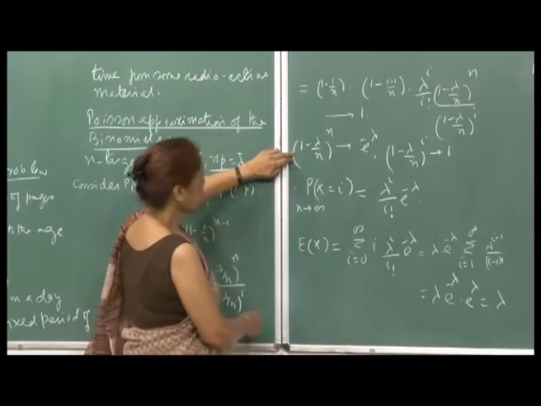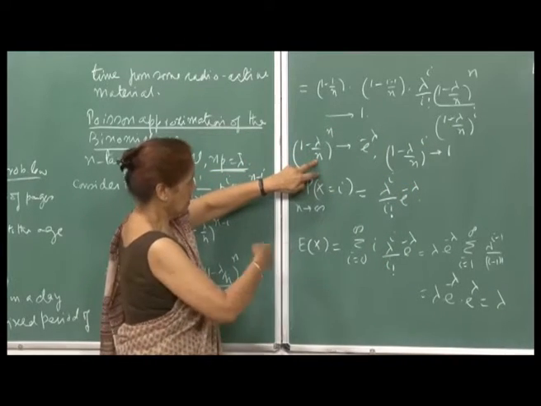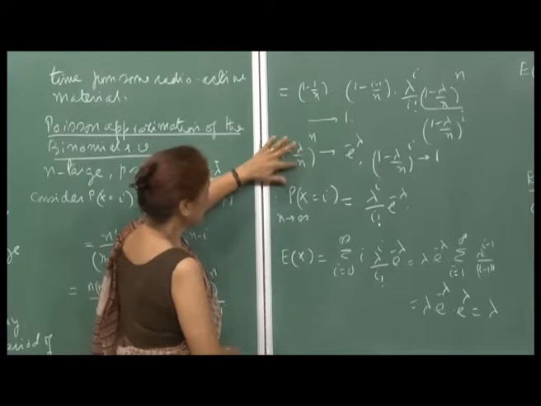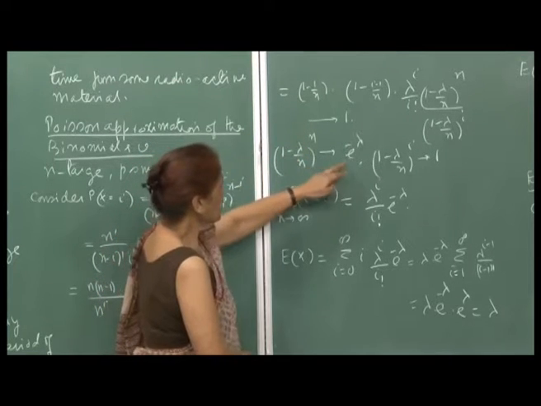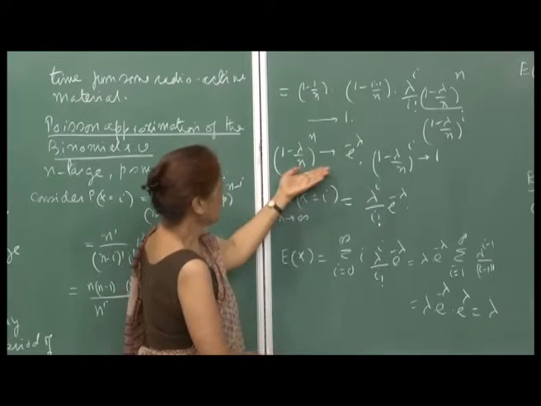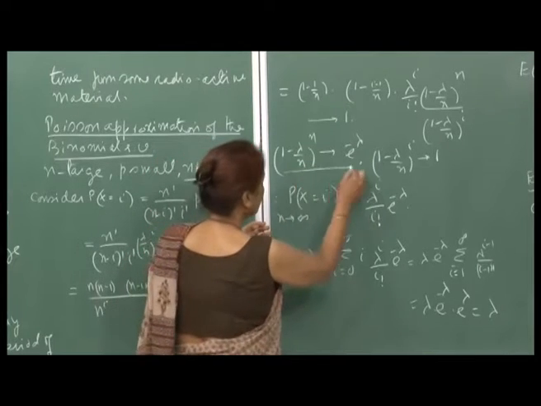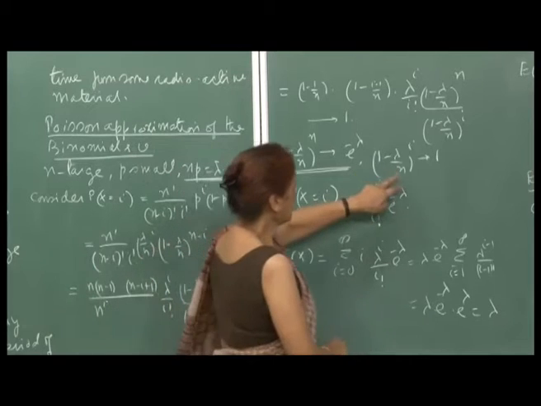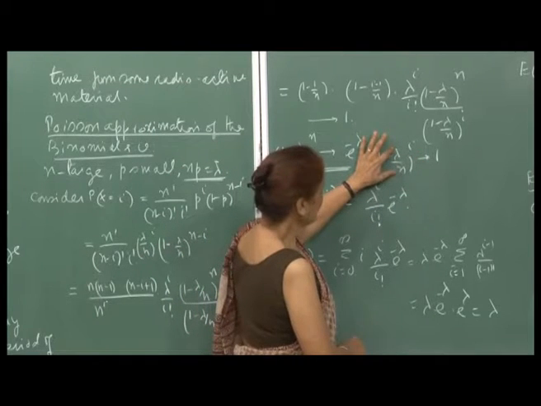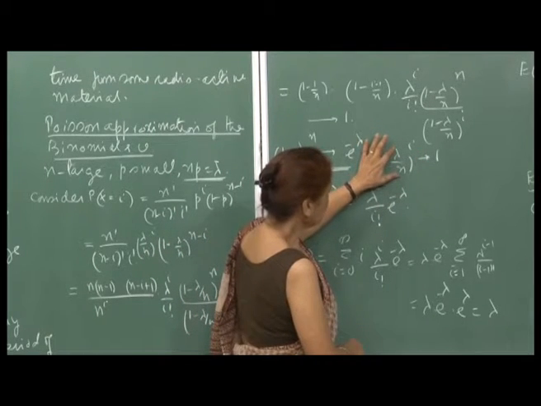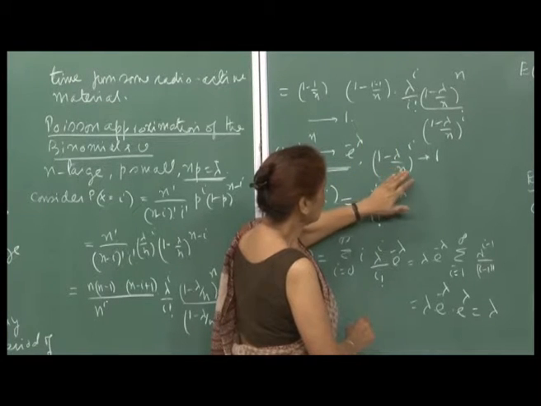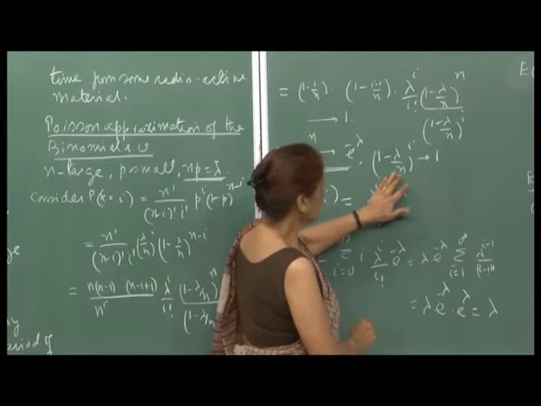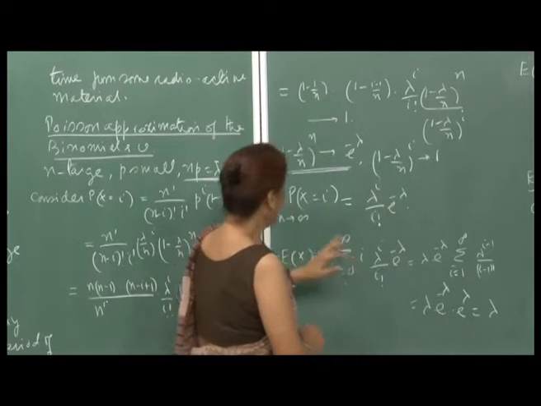Now, as n goes to infinity, becomes very large, then 1 minus lambda by n raised to n will approach e raised to minus lambda. I hope you are all familiar with this limit. And then 1 minus lambda by n raised to i, because as n becomes large, lambda is fixed, this number becomes smaller and smaller, and so this will approach 1 for n sufficiently large, right.